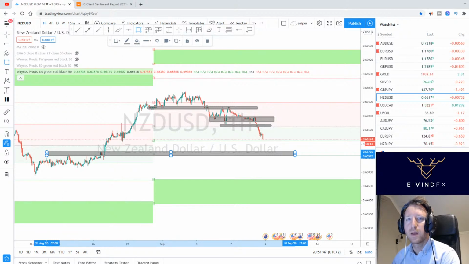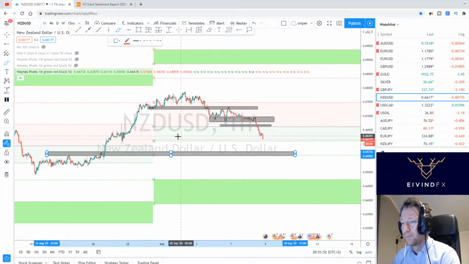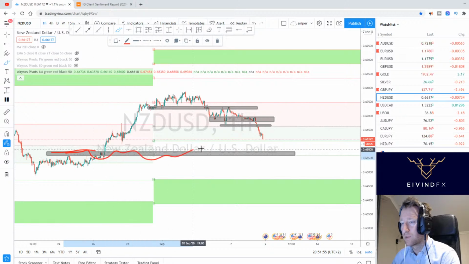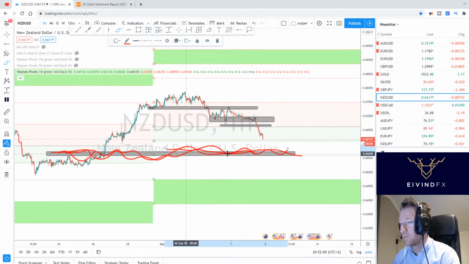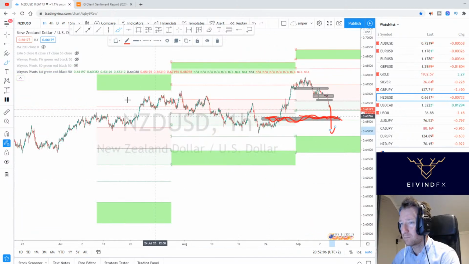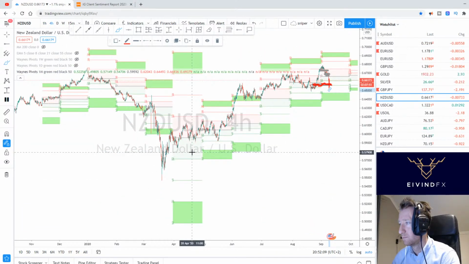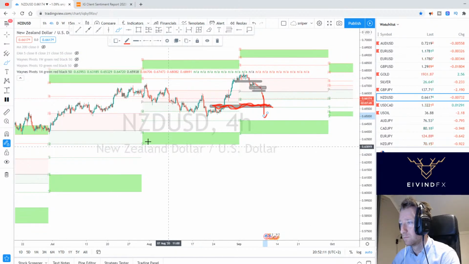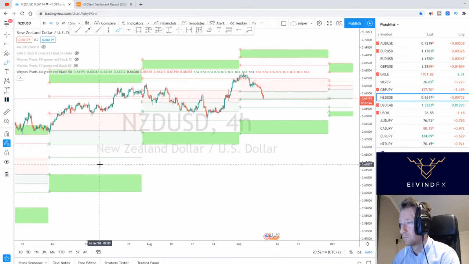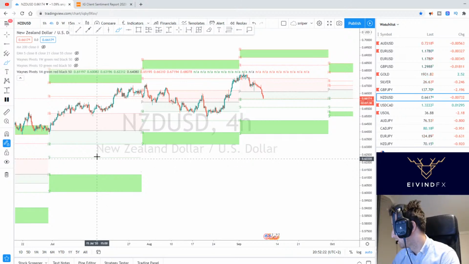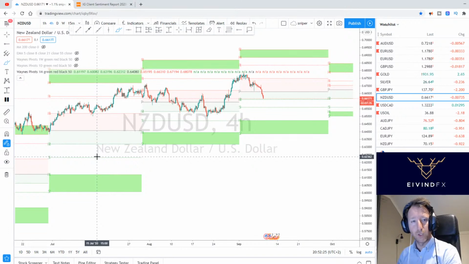I also think that what is going to happen in New Zealand dollar is we need to have this as support for it to be even fun to trade this. If that doesn't happen, if this just tanks, so right now buying New Zealand US dollar is catching a hot knife that would burn in your hands.